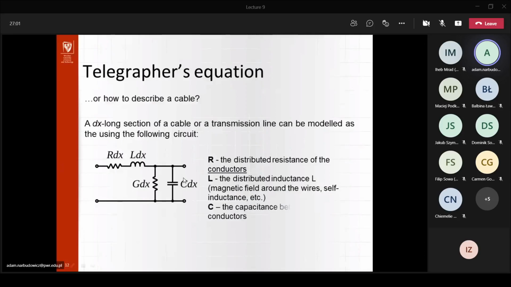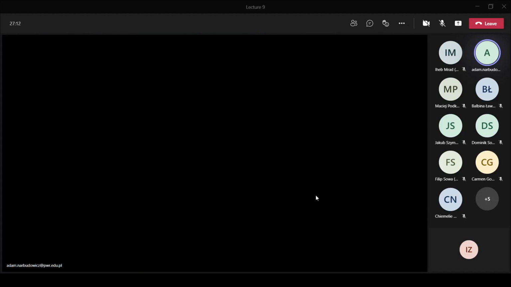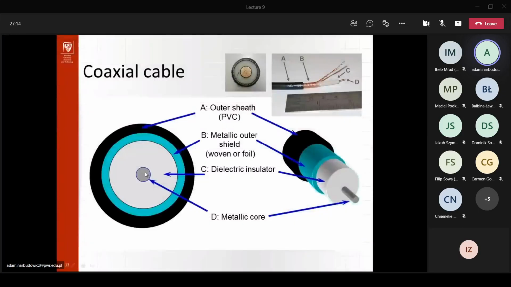Now, if we move on to the capacitance C, this is simply the capacitance between the two conductors of the wire. Hopefully, if you take these two metallic surfaces, it should be clear that if you think about the static case, there will be a certain capacitance built between them.